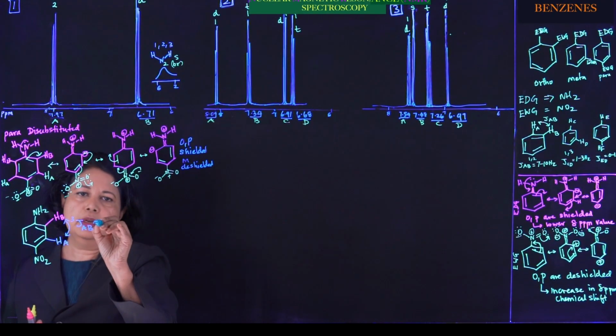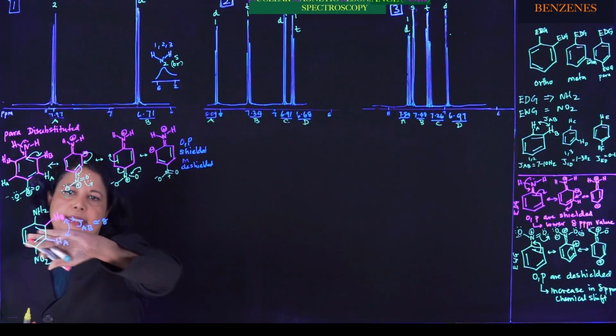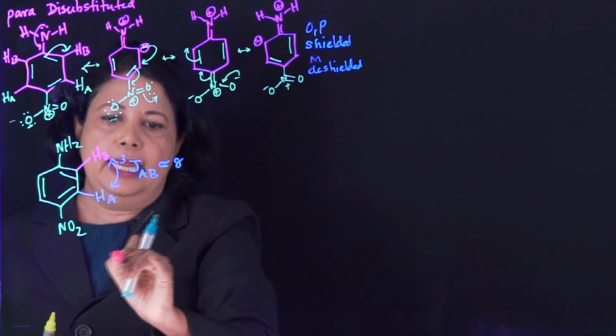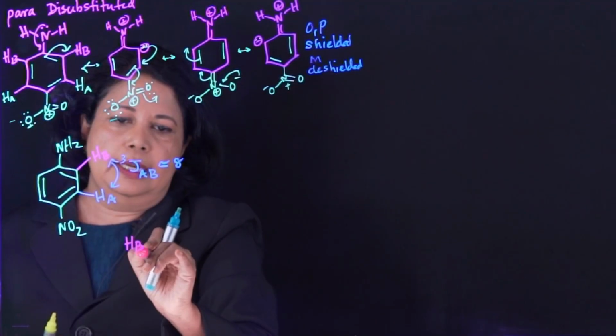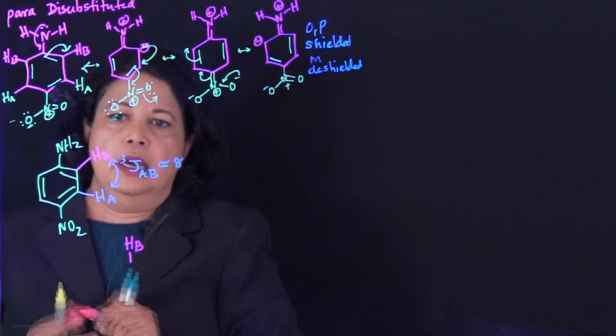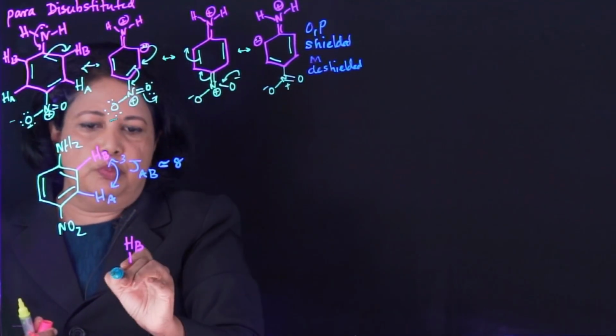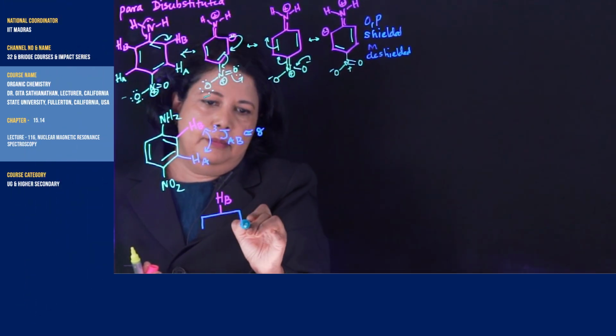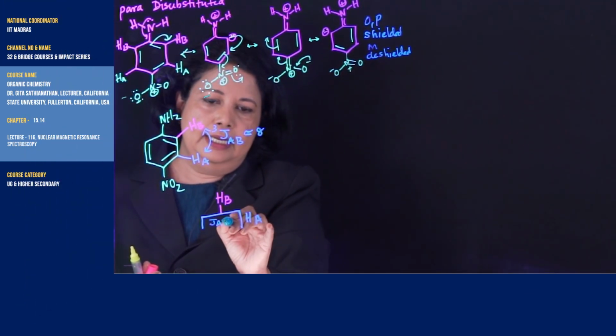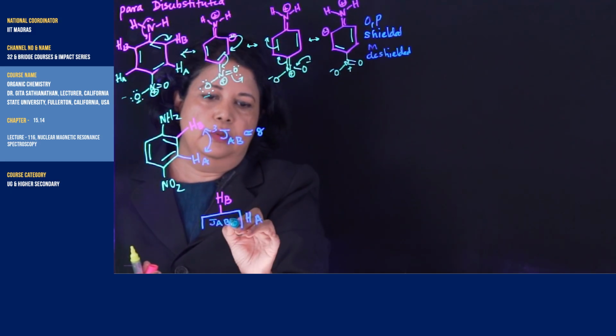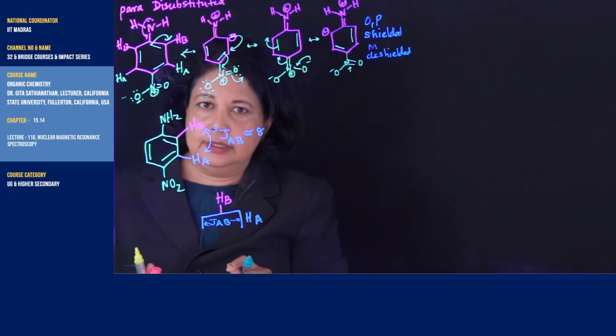Okay, let's say approximately about 8. Let's say there were no other protons, HB would have just got 1 peak. However, HA is going to split that by the JAB coupling, 7 to 10 hertz.